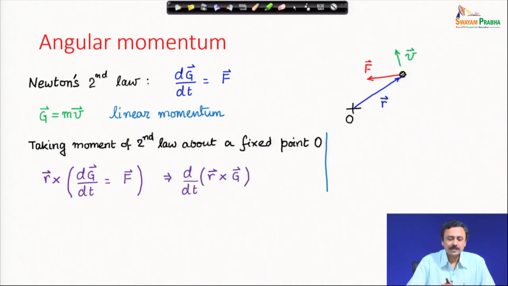Let us see what this is: d/dt of r cross G. If you do this cross product, this is the time derivative of a product.